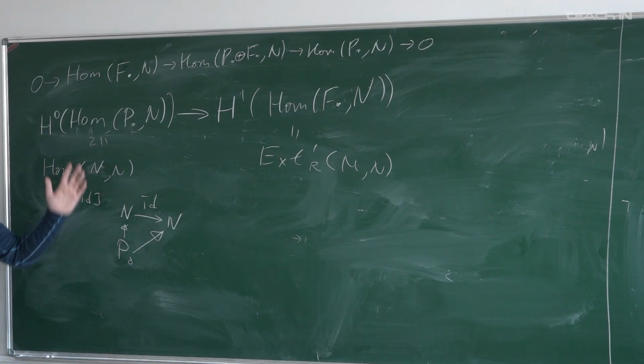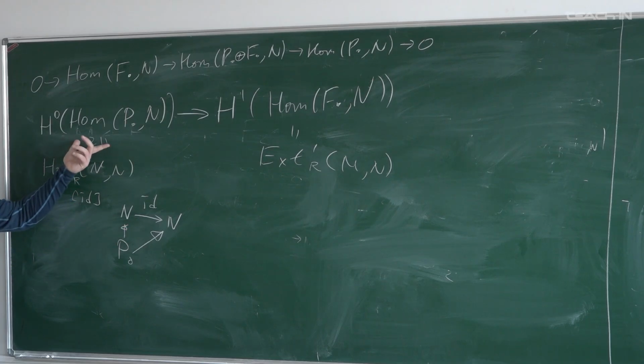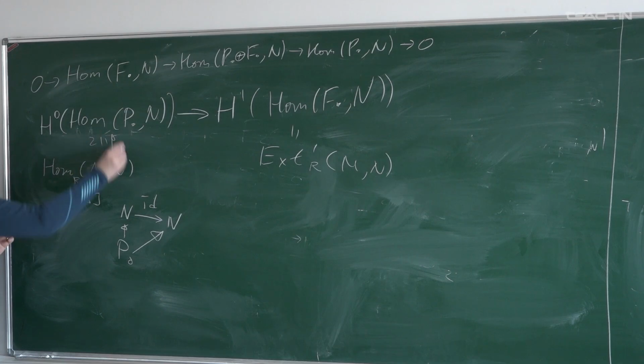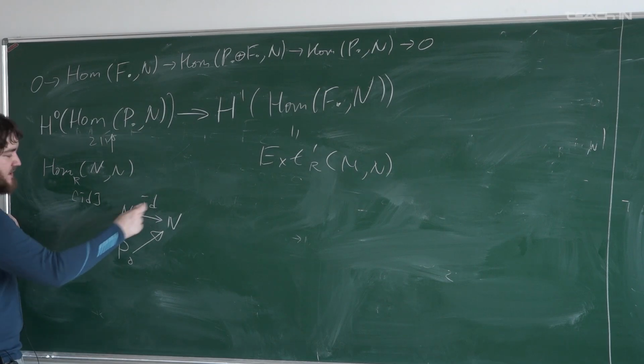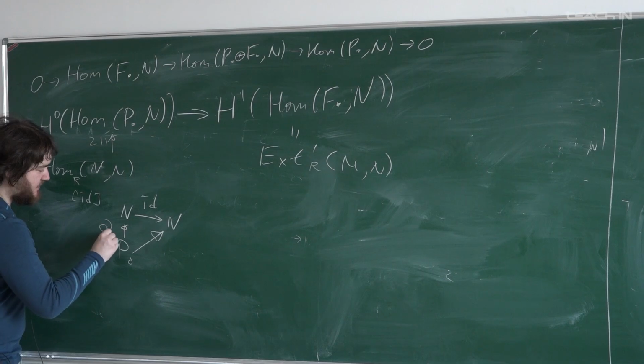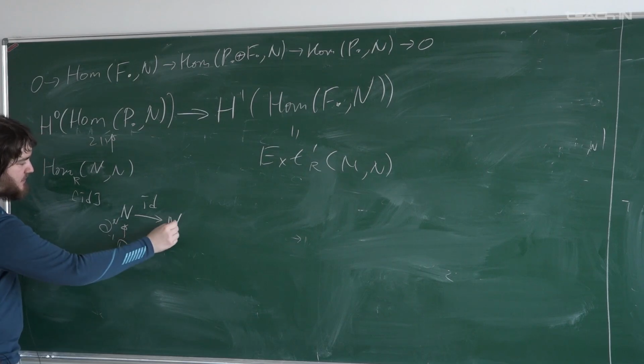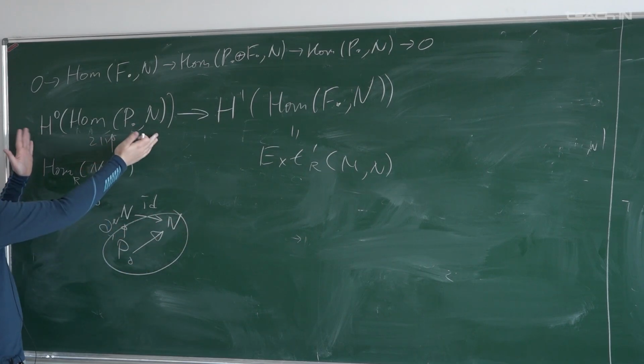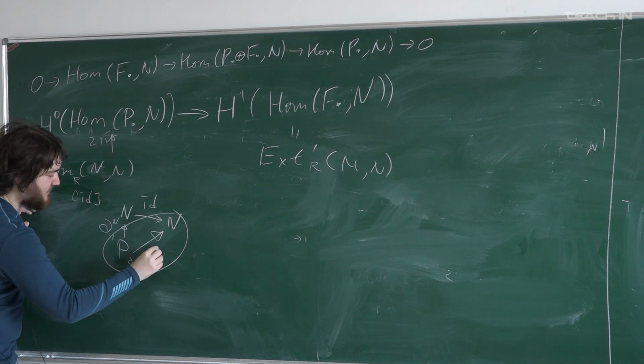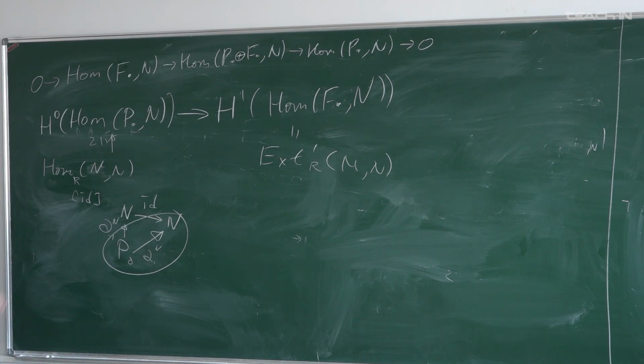It's always a cycle, because I have no further differential. And this is this map. We know this is an isomorphism, but this map is obvious. It's precomposition with P0. So it's identity, so it's just d minus 1 N. So the homological class of this is just d0 N itself.